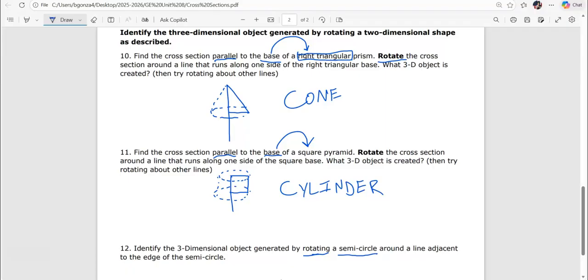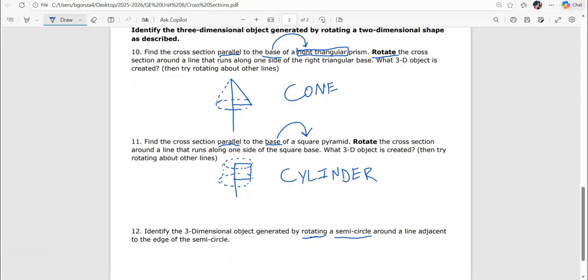Okay. Half circle, spin it around, you get a sphere, okay? It's a sphere.